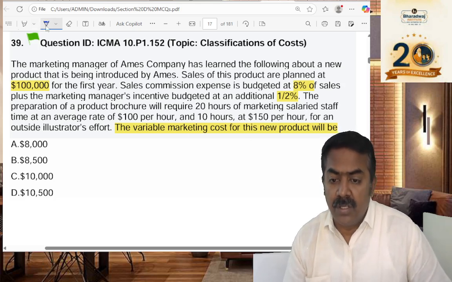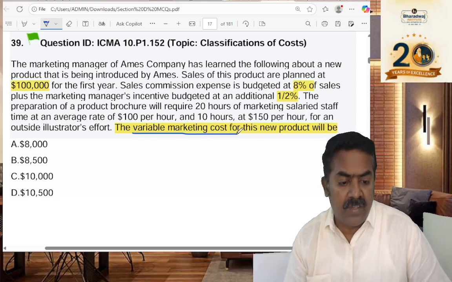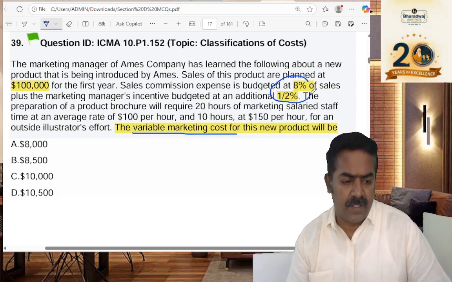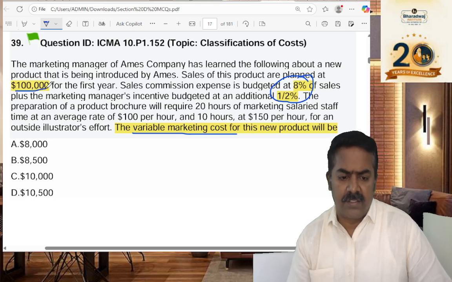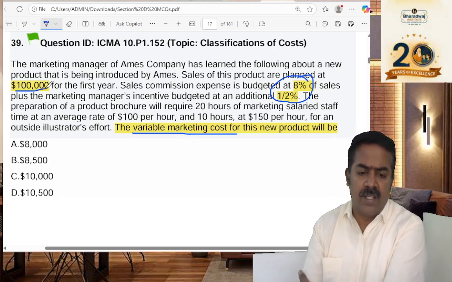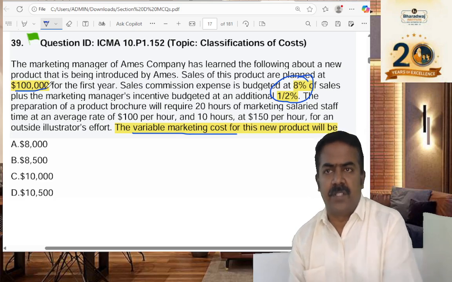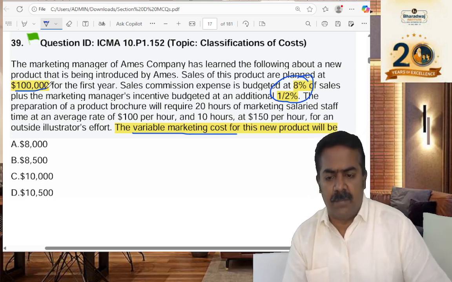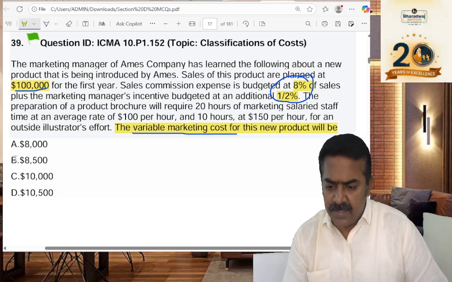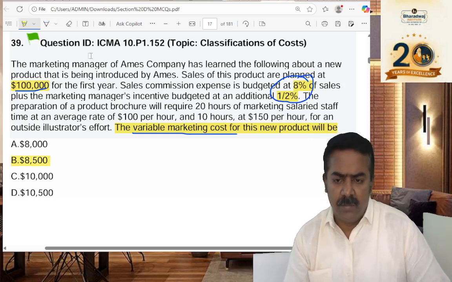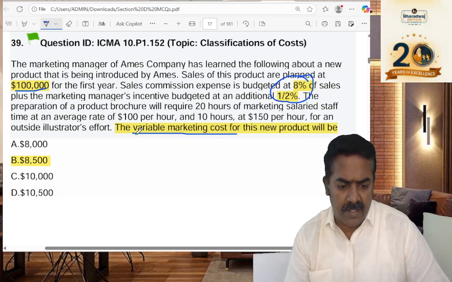Do they ask you total or variable? Only variable cost, correct. 8.5% of sales. Others are fixed cost. Others are which one? Brochure preparation. Irrespective of sales, it is going to be the same. So 1 lakh into 8.5%, how much? 8,005. Because the question is about variable marketing cost.